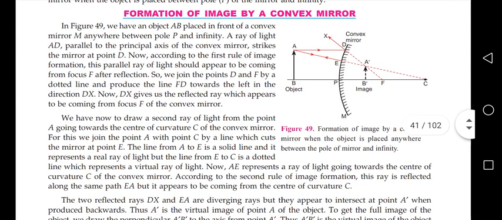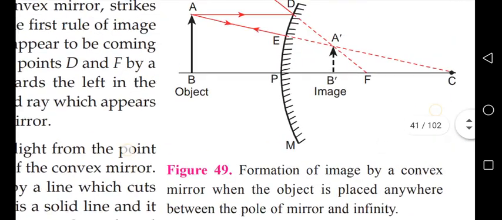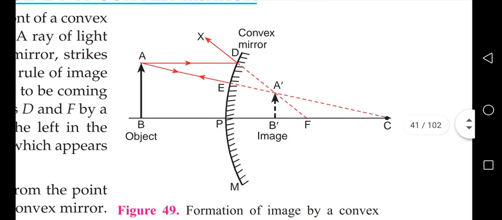The first case is when the object is placed anywhere between pole and infinity. Okay, so here if you just see here, the object is placed between pole and infinity. Then for the image formation we need two rays, and we are going to apply the rules that we learnt in the previous video.